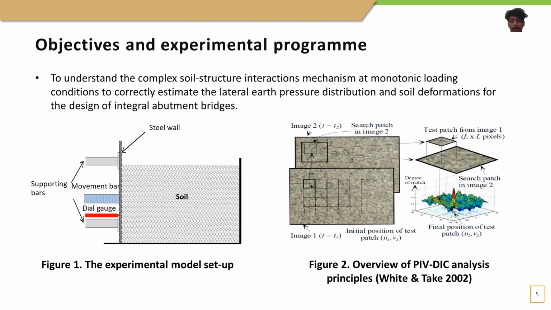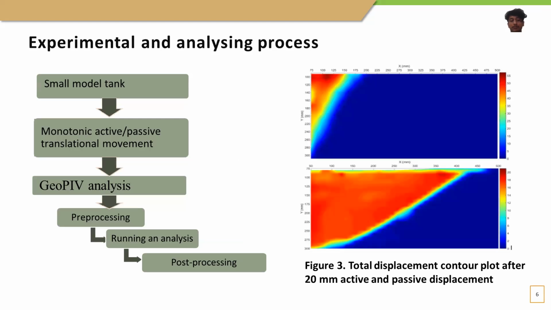Here is the flow chart of the experimental procedure, and on the right-hand side, the images obtained from the 20 mm of active translation movement and from the 20 mm of passive translation movement. The first figure on the top is due to the 20 mm of active translation movement, and the second one is from the 20 mm of passive translation movement.